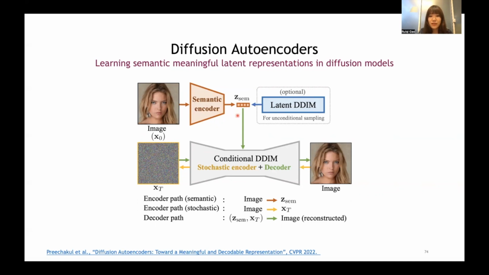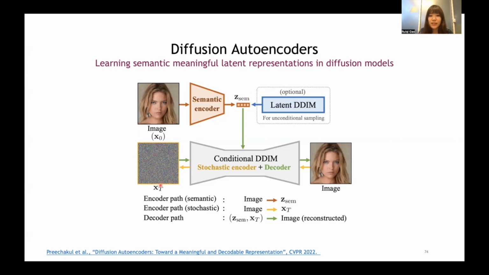And this z_sem is fed into a conditional diffusion model to further predict the clean samples. And this leads to a bipartite latent representation similar to the DALL-E 2 model, where we have this z_sem with the hope that it can capture high-level semantics.